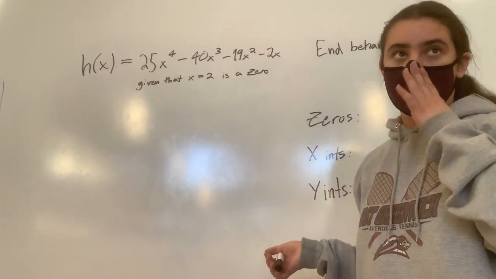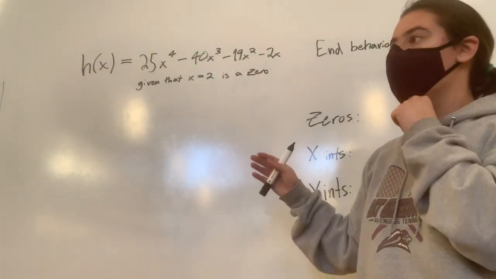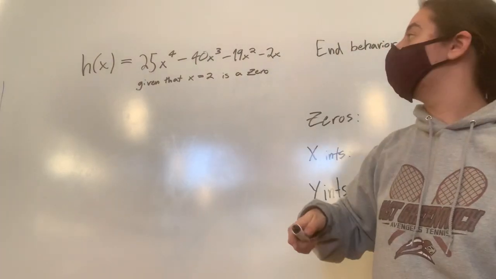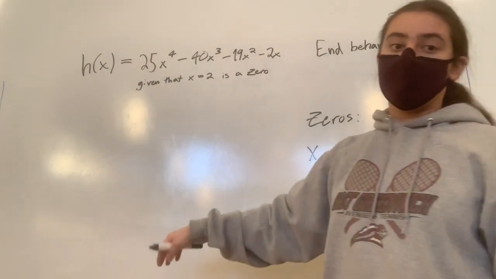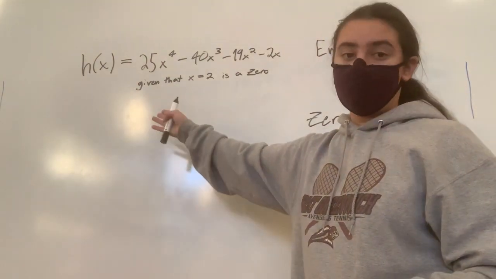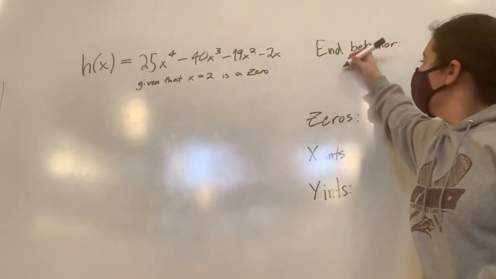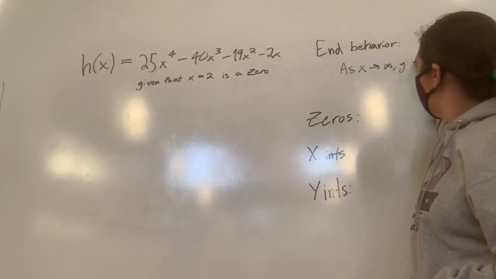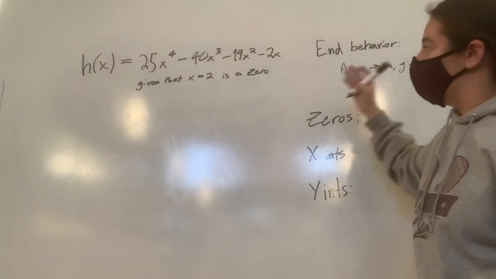So that's very nice. But first, before we start factoring, we're going to want to grab the end behavior from the standard form. So we can see that the leading coefficient, 25, is positive, which means that as x goes to infinity, y is also going to infinity.